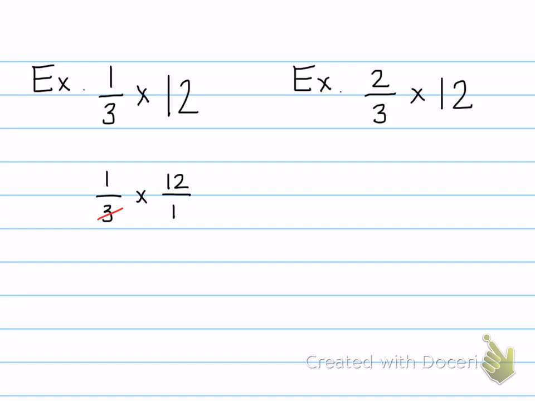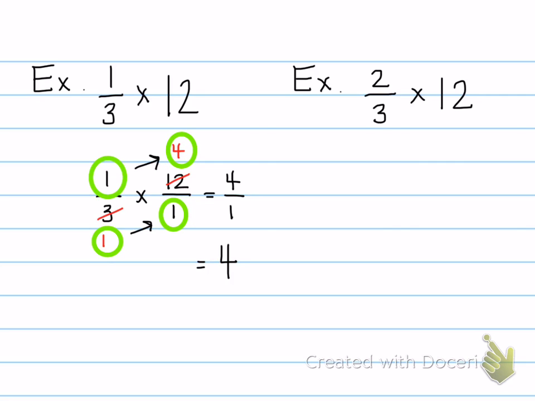3 goes into 3 one time. 3 goes into 12 4 times. You notice all you're left with are 1, 1, 1, and then this 4. So when we multiply across, 1 times 4 is 4. 1 times 1 is 1. And that equals 4.